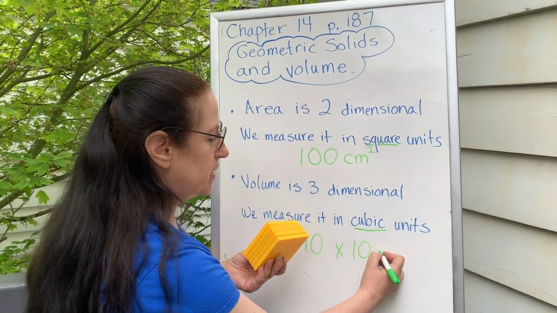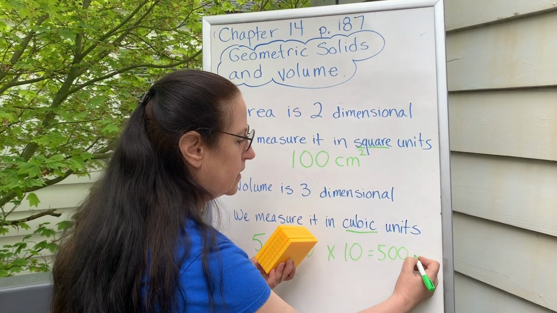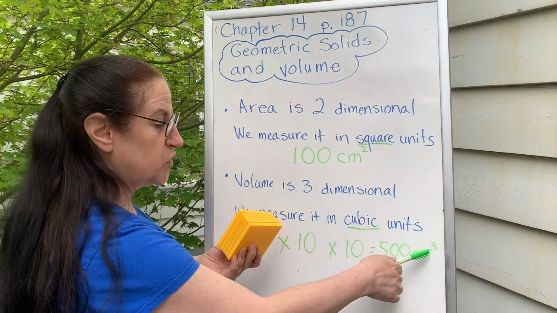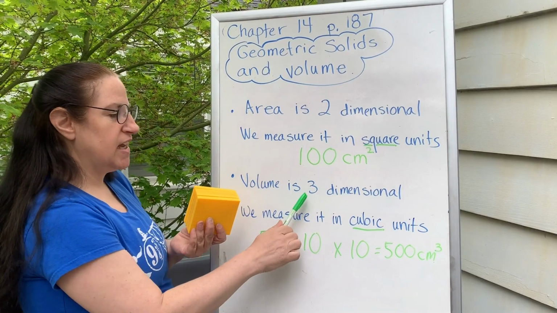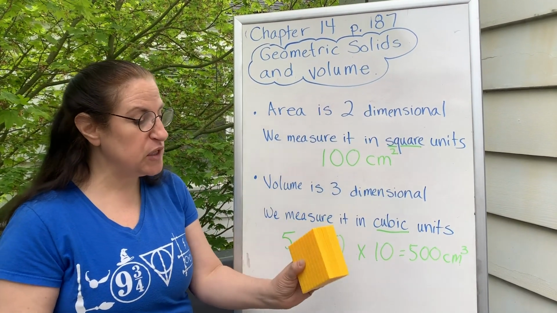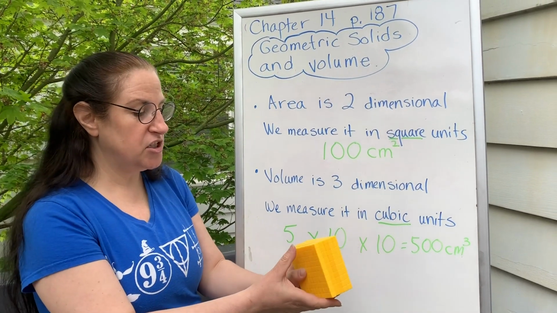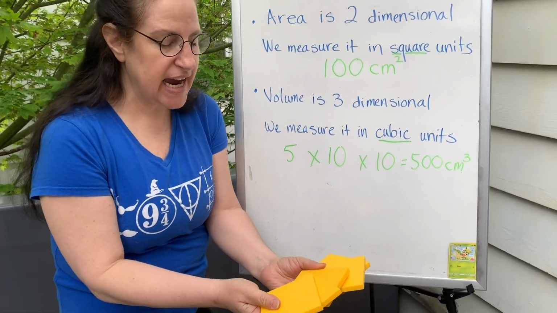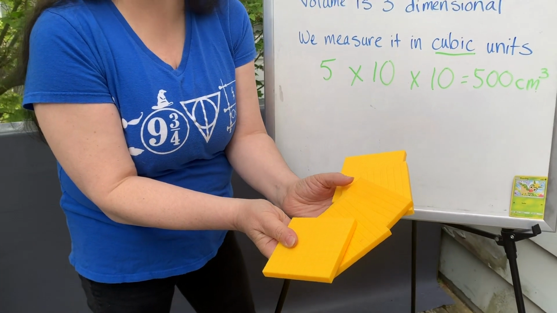So that equals 500 centimeters cubed. And here's the trick again. The 3 on the centimeters cubed matches the 3 in the three-dimensional shape. And remember, even though you can't see every single little yellow cube in this geometric shape, you know that they're all inside there, and that if we were able to break these all apart, there would be 500 little yellow cubes.